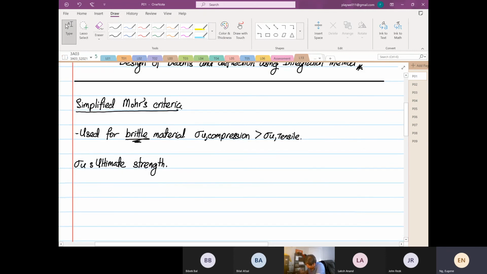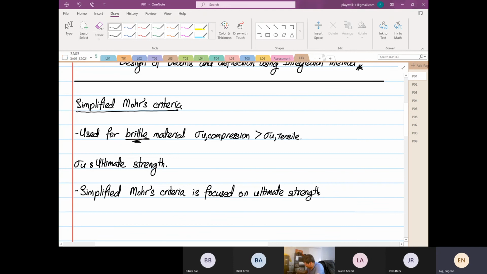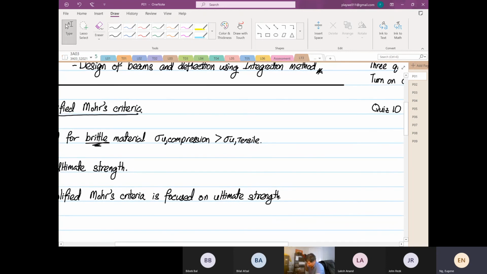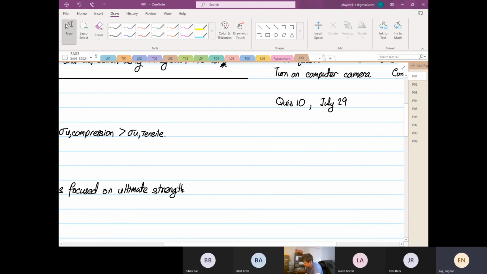So Mohr's criteria, the simplified Mohr's criteria, is focused on ultimate strength. And the reason why is because it's brittle material. So why brittle material? So I think we have done this before.